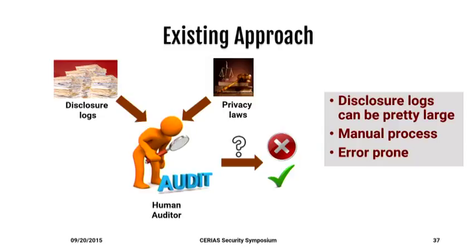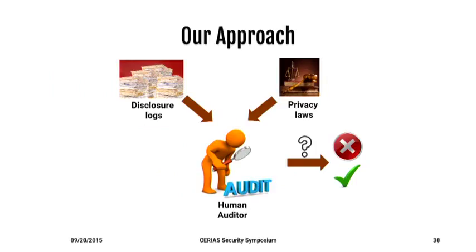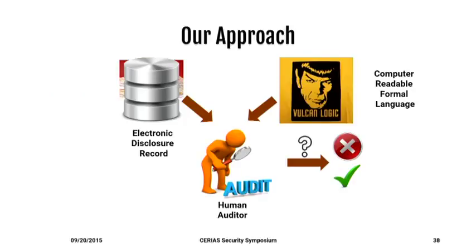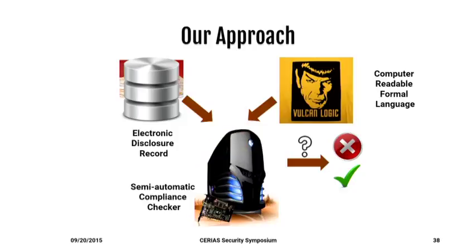So my work so far is to replace the paper with electronic disclosure records, saved in a database, use some logic to replace the policy, and use a semi-automatic compliance checker. I'll tell you why semi-automatic and not fully automatic.